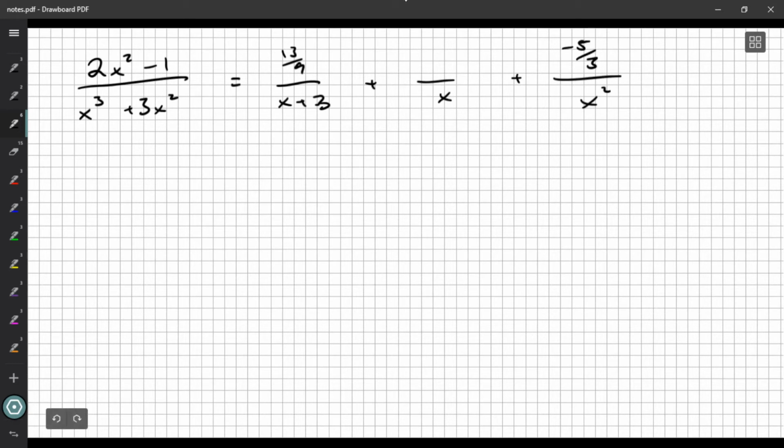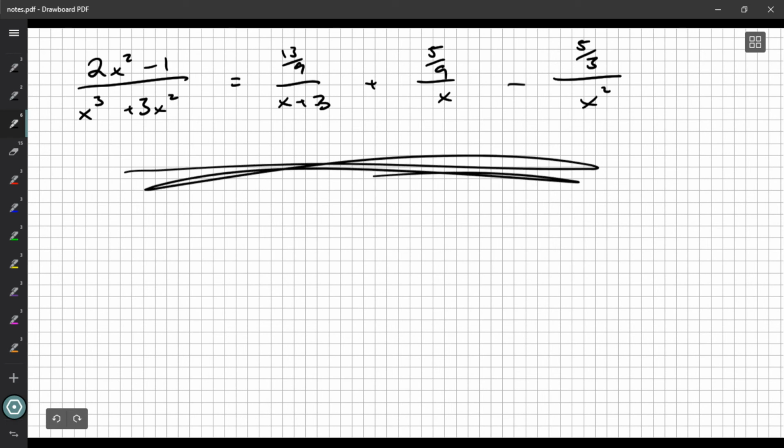The C we worked out was −5/3, and B we just worked out was 5/9. Okay, there we go. I suppose if you wanted to, you could make a subtraction here. But that's about it. We've got our final answer indeed.